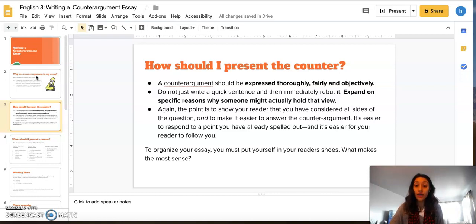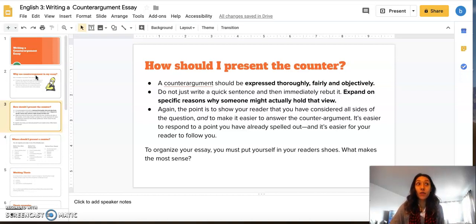You're actually going into an opposing viewpoint in depth, and at times you're providing clear discussions and evidence from outside sources to support the counterargument, which later you will refute.